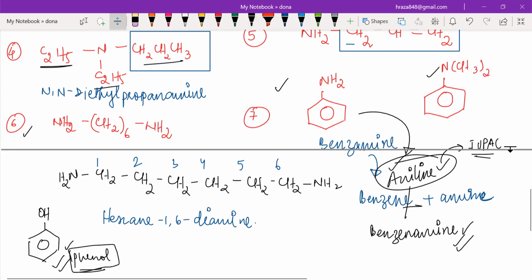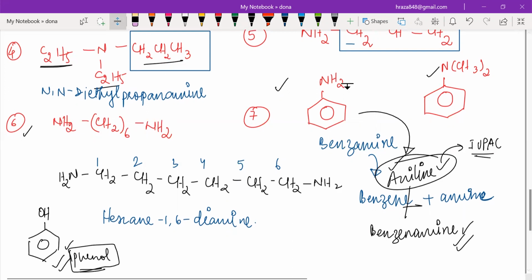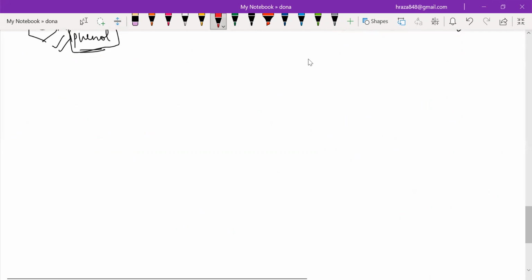Okay. So you know how to write the structural isomers, right? In class 12, do you know how to write the structural isomers? Yes or no? Could you show an example?